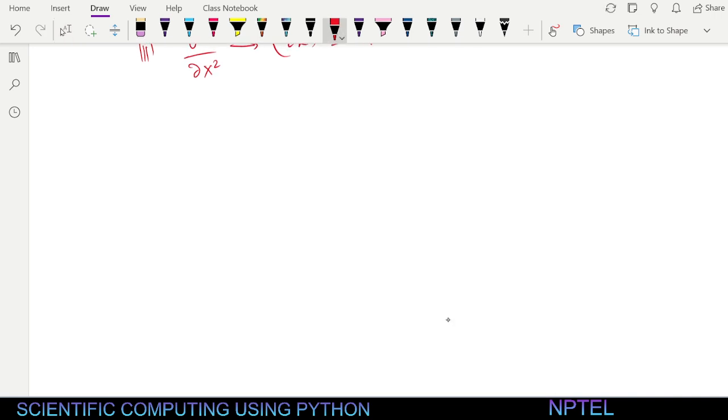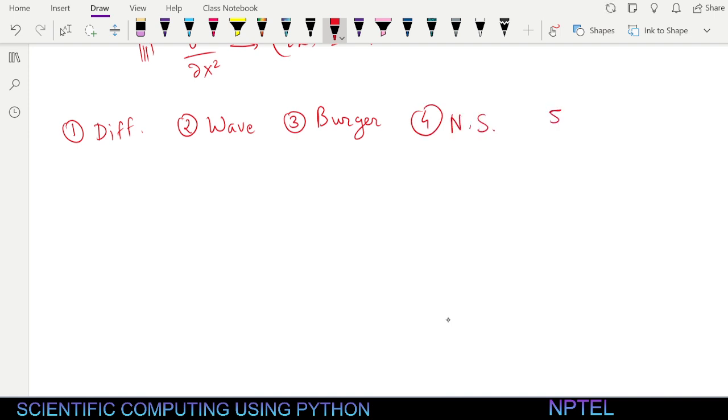So what are the equations that we study? One is diffusion, second is wave, third was Burgers, fourth Navier-Stokes, and fifth Schrodinger. And in all of them, the idea remains same.